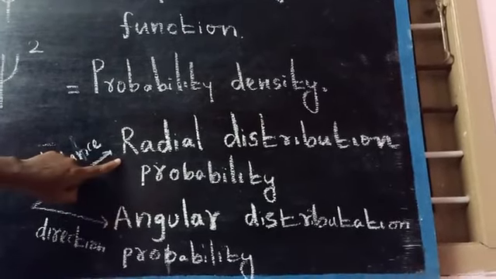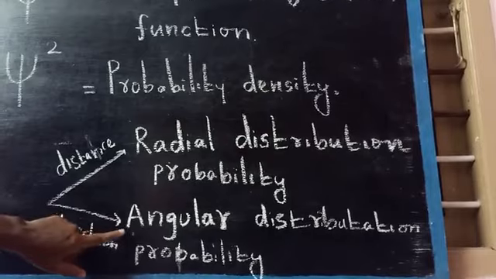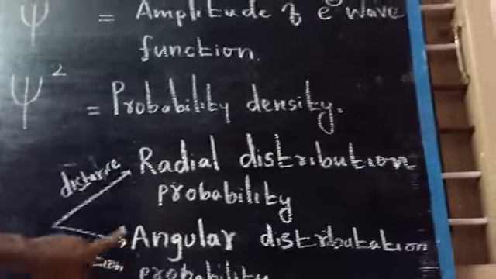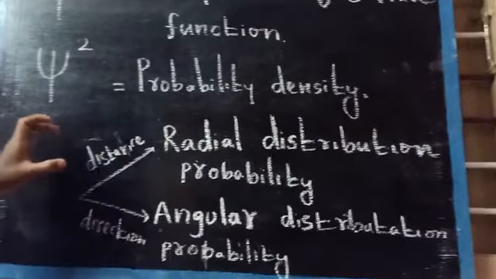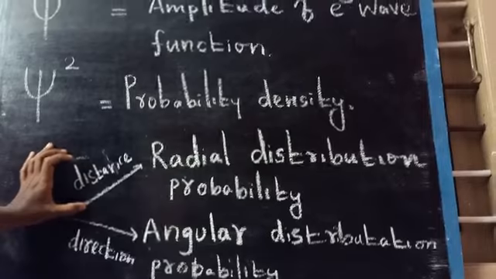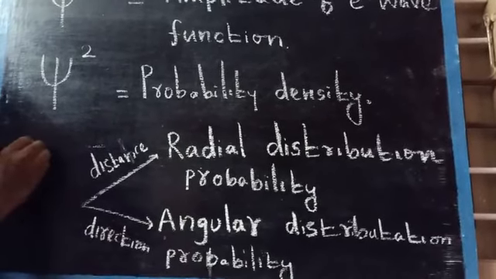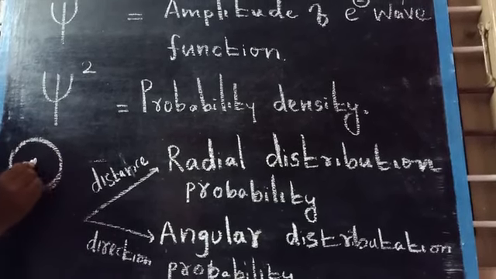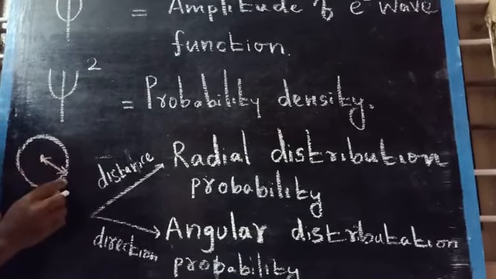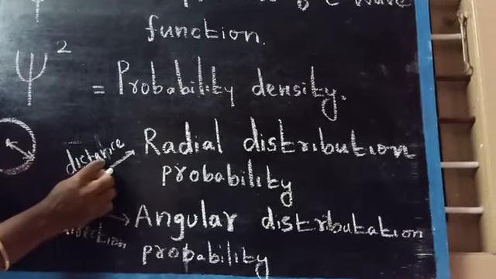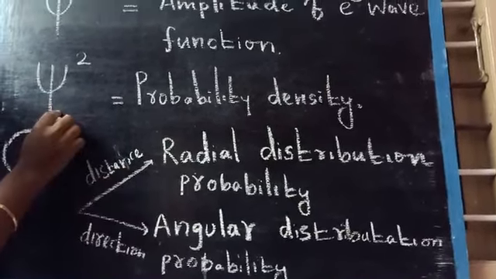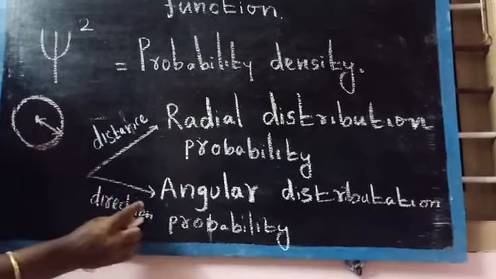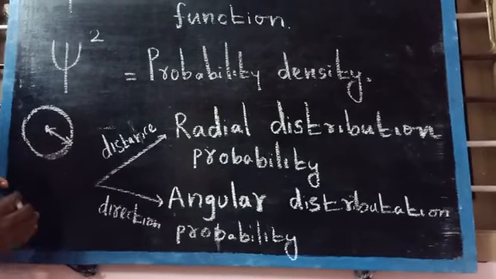One is radial distribution probability and another one is angular distribution probability. In radial distribution probability, we measure the distance, since the electron revolves around the nucleus. So to measure the distance from the nucleus to the electron, the psi square probability density varies with the radial distribution probability, and another one is angular distribution.